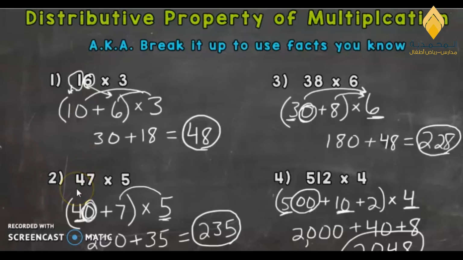Another example, 47 times 5. Look at the first number, which is a two-digit number, and break it down into 40 plus 7. Because the place value of 4 is 40, as it's in the tens place, and the value of 7 is 7. Put them between two brackets.